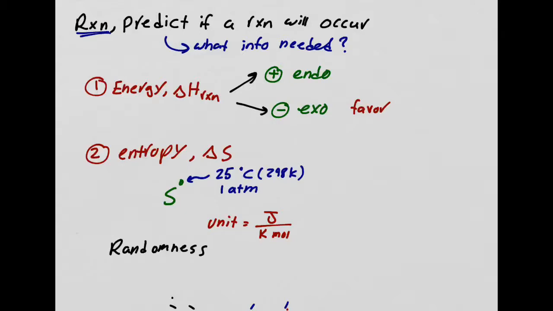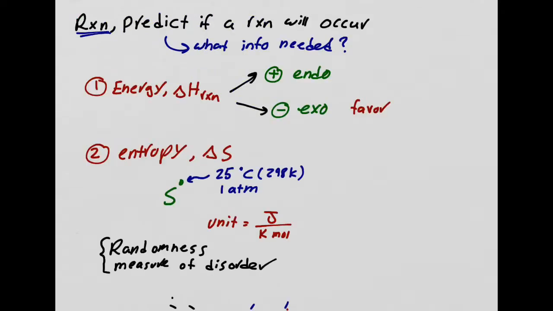Entropy is a measure of order. So it's a measure of disorder. And I will explain what I mean by this. So entropy, S, again, at standard condition with 25 degrees Celsius, 1 atm. That's the unit. What does it mean? It's a measure of disorder.